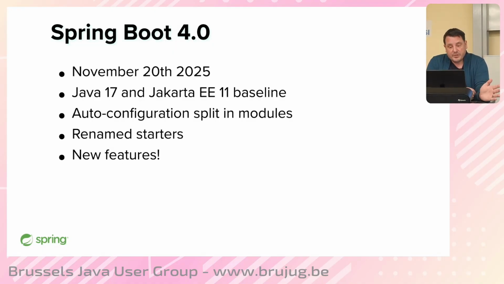The baseline for Jakarta EE has changed. It used to be 10 with Spring Boot 3, and it's now 11. Nothing really fancy for you to see, except probably two things. Servlet 6.1, which means you get the latest embedded servlet containers, so Tomcat 11 and Jetty 12.1. I'm not going to talk about Undertow because they do not support EE 11 yet.